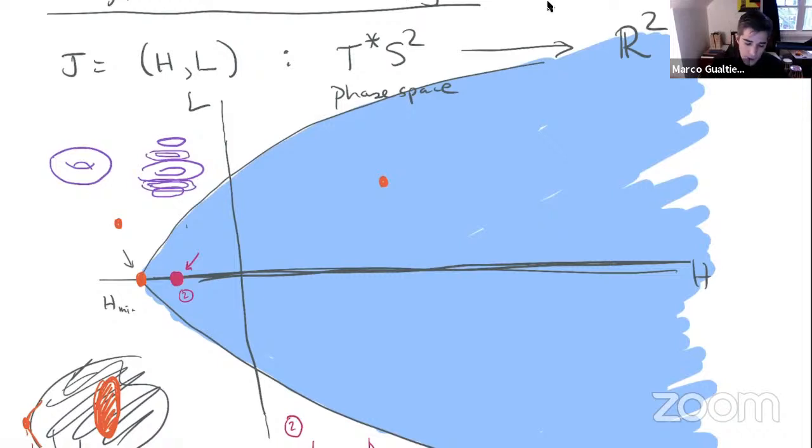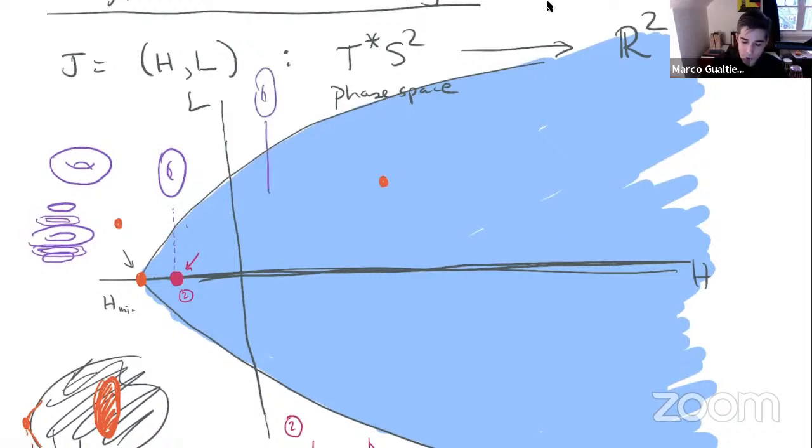So let me just move this out of the way. The answer is that above this point in phase space is a 2-dimensional torus. And above all these points, it turns out, we have a 2-dimensional torus in the phase space.